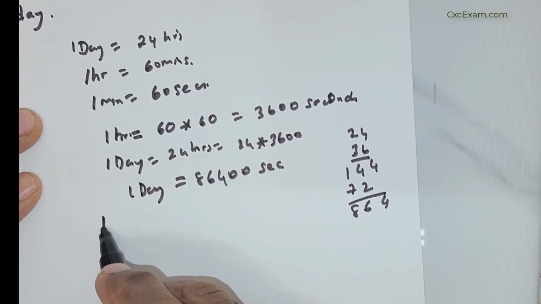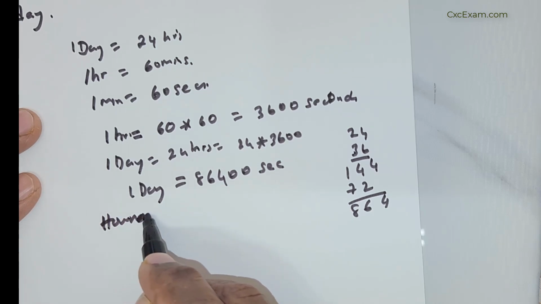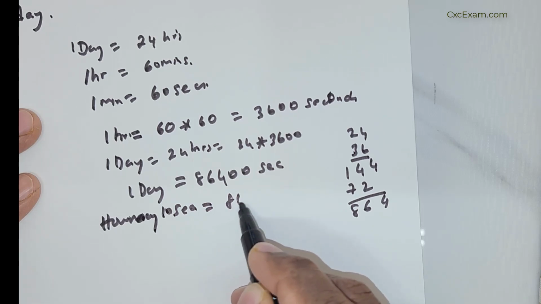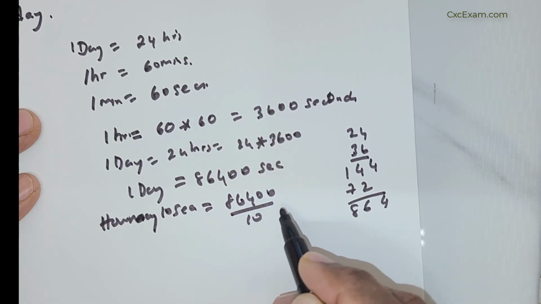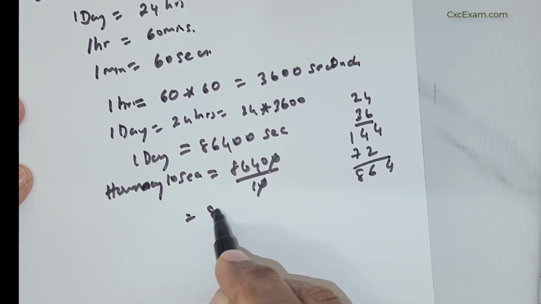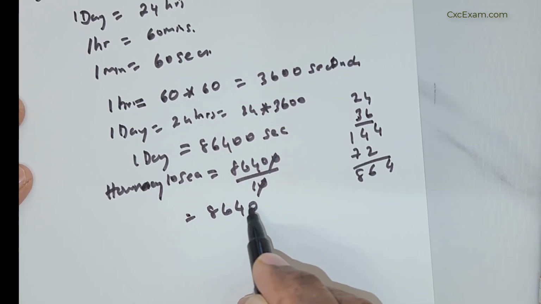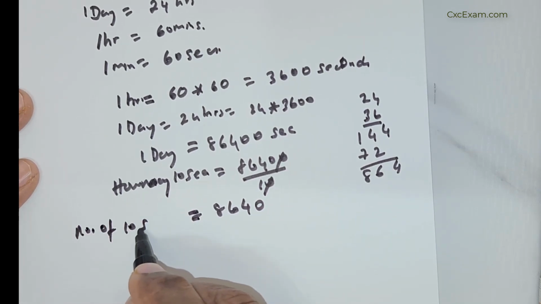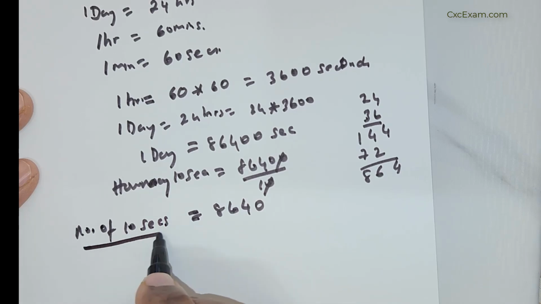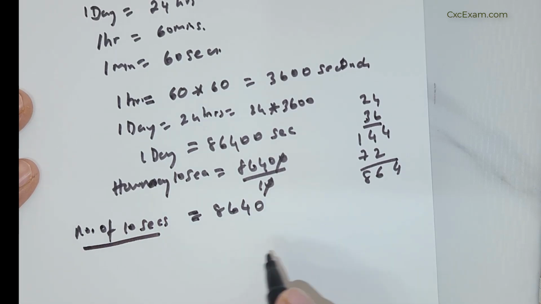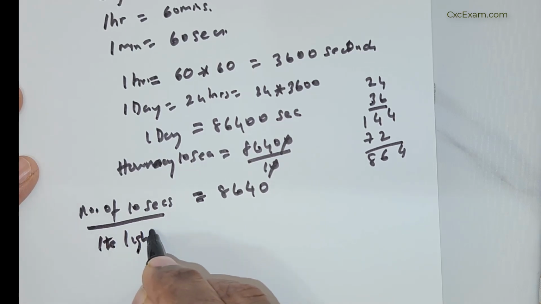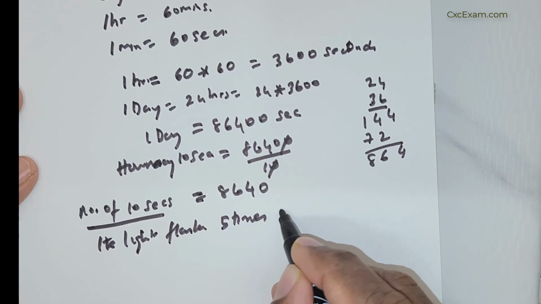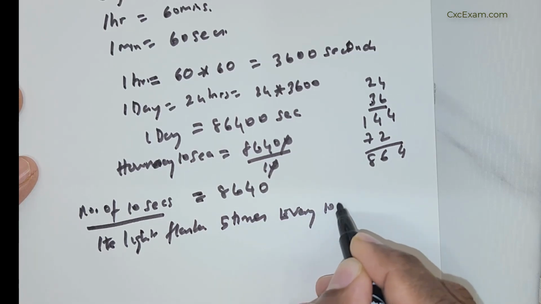So how many 10 seconds are here? How many 10 seconds? So 86400 you divide by 10. So you have 8640 10-second intervals. Okay, so the number of 10 seconds is this value. Now the light flashes 5 times every 10 seconds.